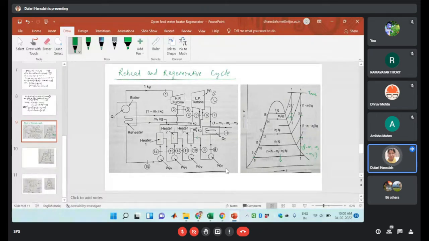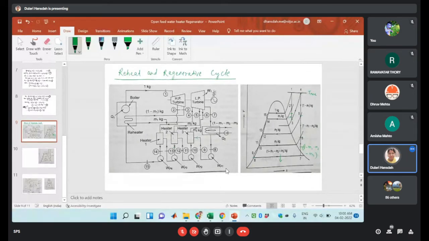Then we are using the heater, that is the 11 to 12. So here the heat exchange process will be there. So how much amount of heat is released in this case? Steam is used that will be used to heat this feed water. So here the mass will be how much at the heater 2. So in this case the amount of mass will be 1 minus m1 kg.